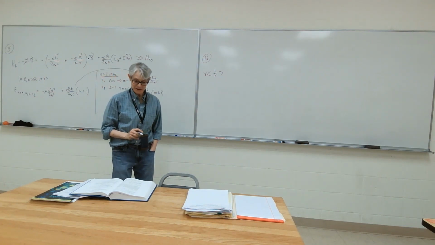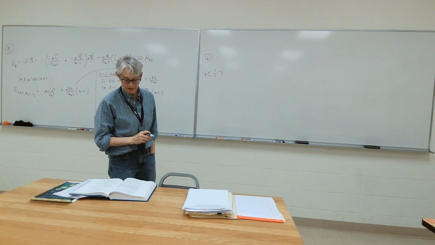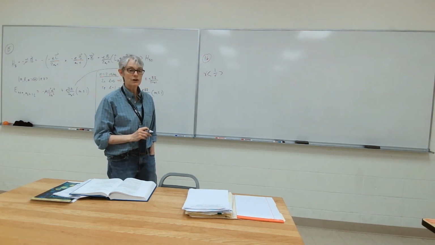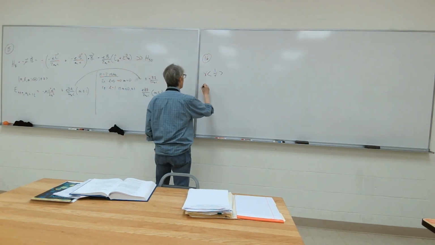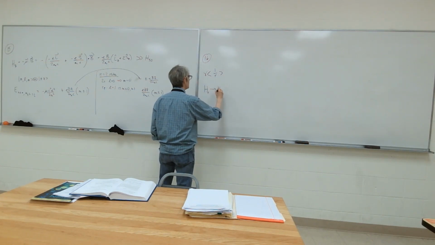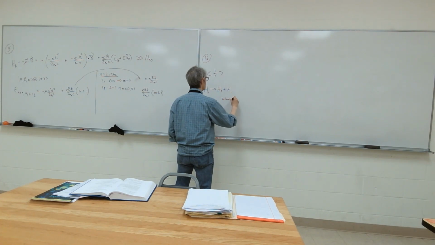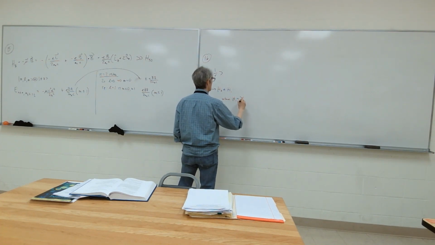We're going to think of that as a first order shift in an energy. In other words, H goes to H0 plus H1, where H1 equals gamma over R.